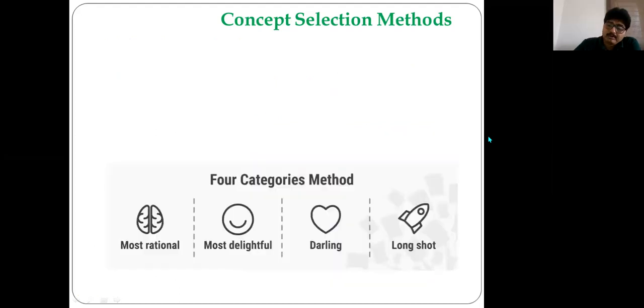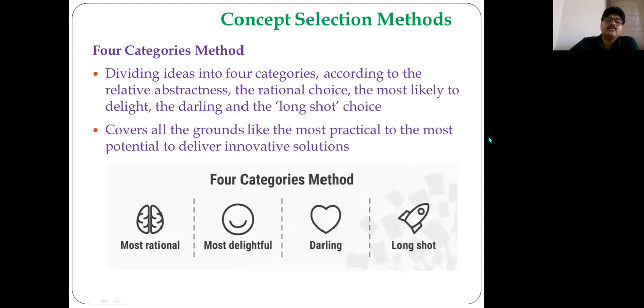And coming to this 4 categories method, where you'll be looking at what ideas or concepts have come out, dividing them into 4 categories according to their relative abstractness: rational choice, the most likely to delight, the darling, and the long shot choice.